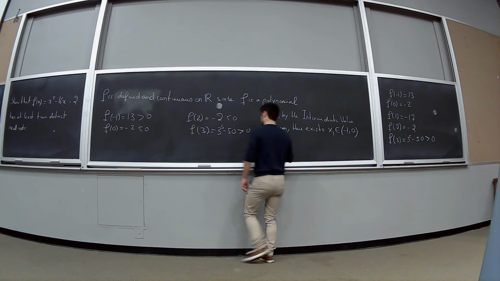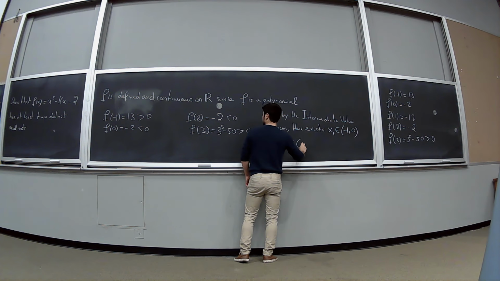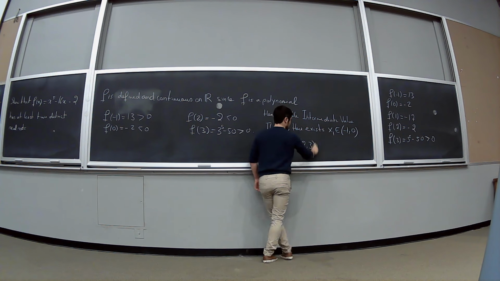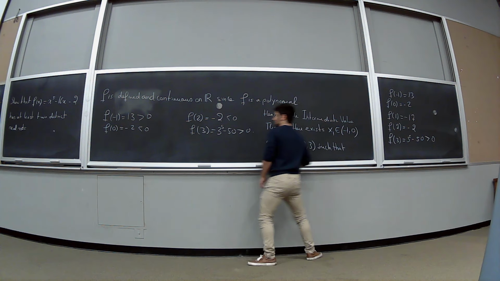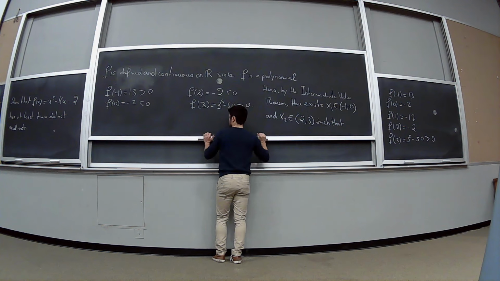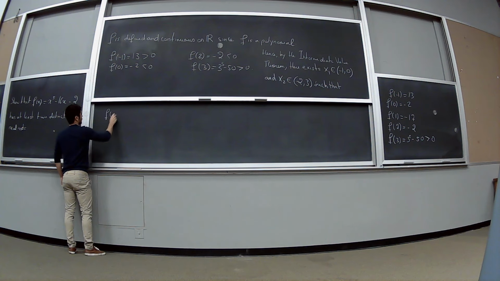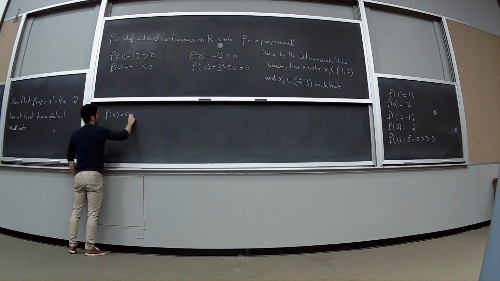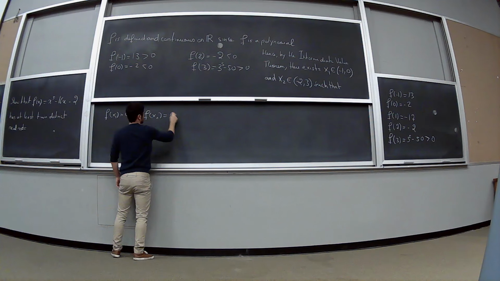and x2 in 2, 3, such that f of x1 is 0 and f of x2 is 0.